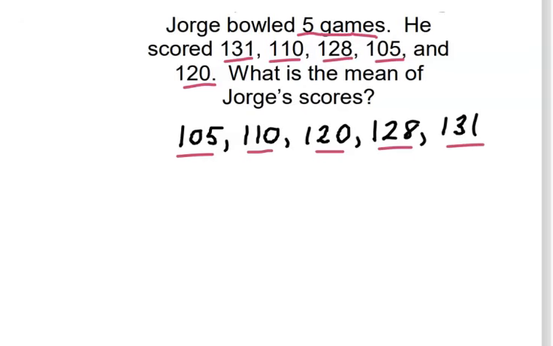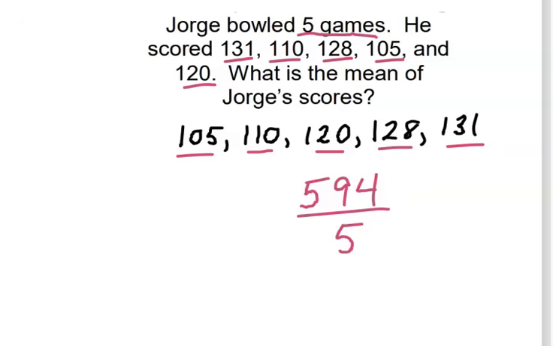So I'm going to do 105 plus 110 plus 120 plus 128 plus 131, and that equals 594. Okay, but to get the mean, we're going to have to divide it by 5 and see what that answer is.